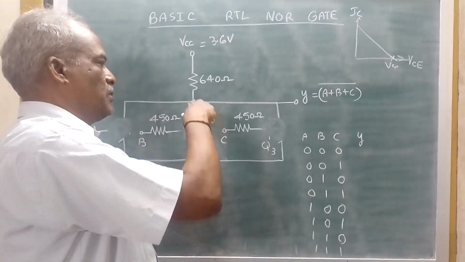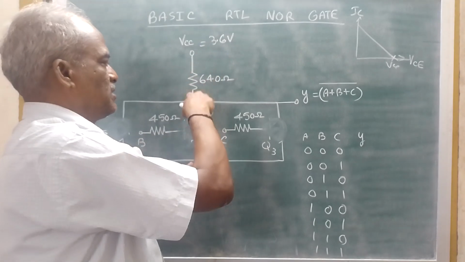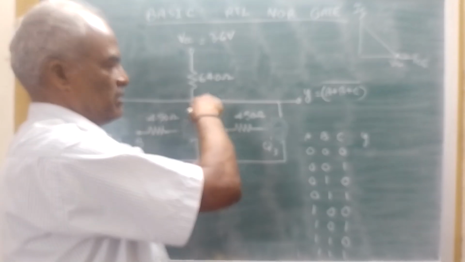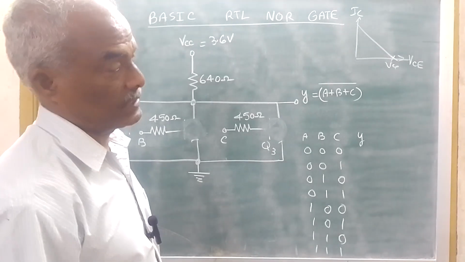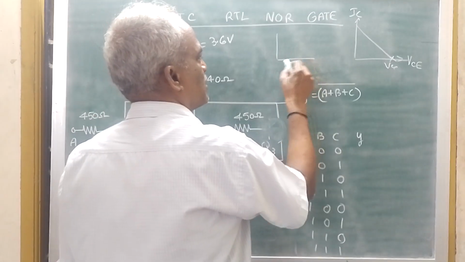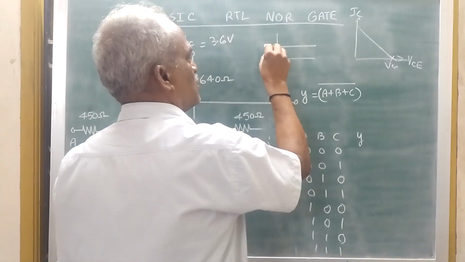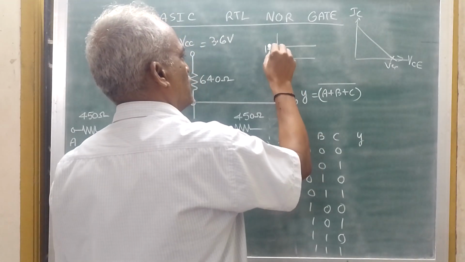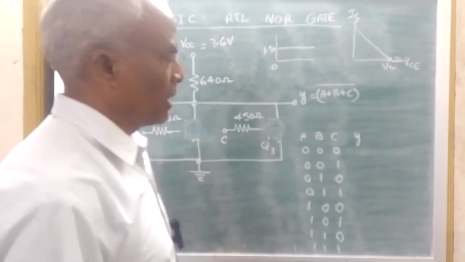So between this point and this point, the voltage is, here it is 3.6, so you will be getting 3.6. So with respect to ground, if you measure here, it will be 3.6. I can say if you put somewhere around 1.45 volts or 1.5 volts as the threshold, anything above that can be treated as a logic 1.